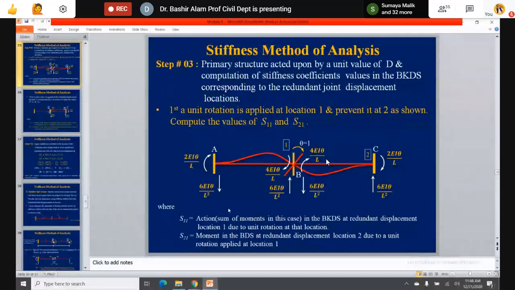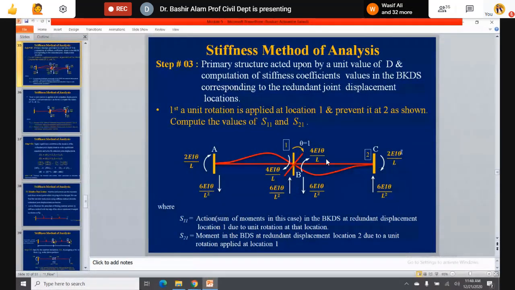Now what will be S11? S11 will be the action produced corresponding to D1. So in this case, it is 4EI theta divided by L plus 4EI theta divided by L. Both are in the clockwise direction, so they are simply adding. And what will be S21?